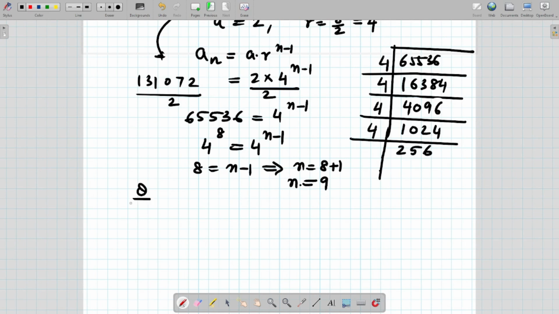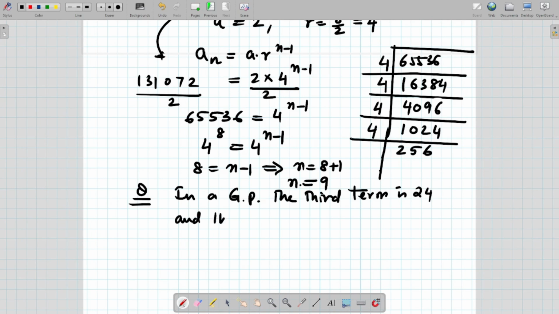Let's do one more question. In a GP, the third term is 24 and the sixth term is 192.